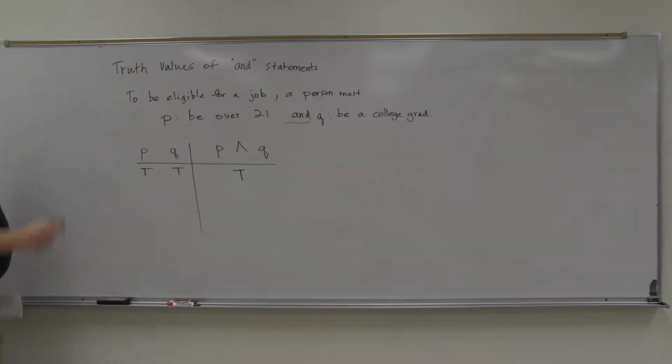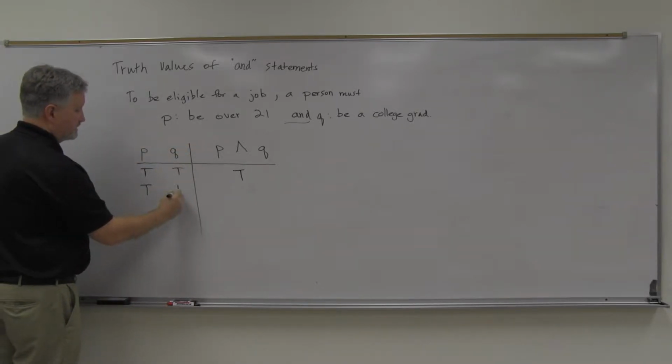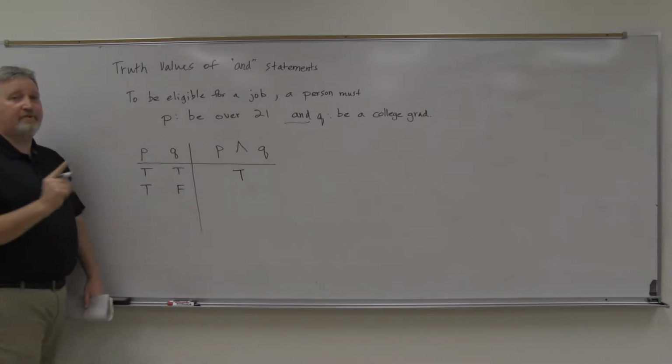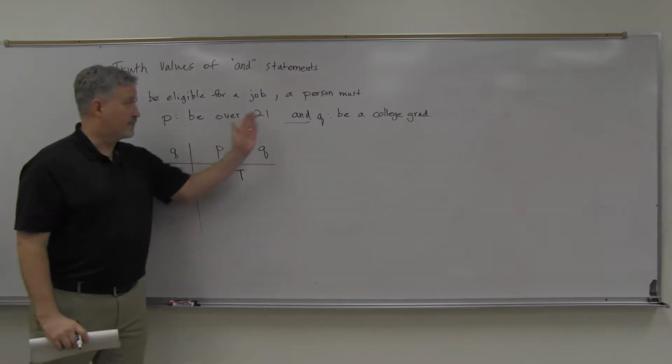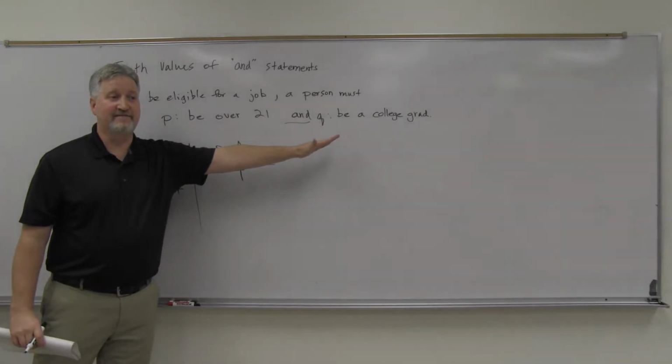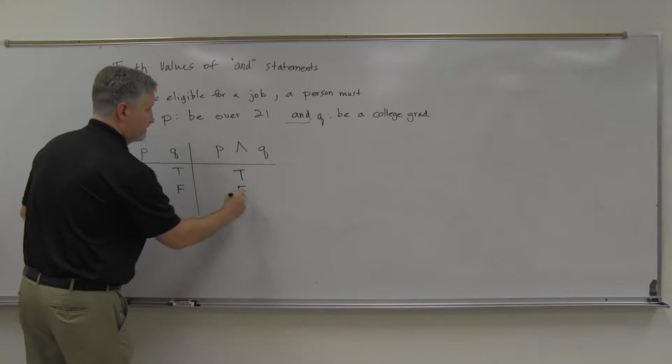All right? Person two walks in though, true they are over 21, false though, college graduate. Is that person eligible? No. Over 21 and college graduate, isn't it? And so not eligible, so we represent that with false here. Okay?